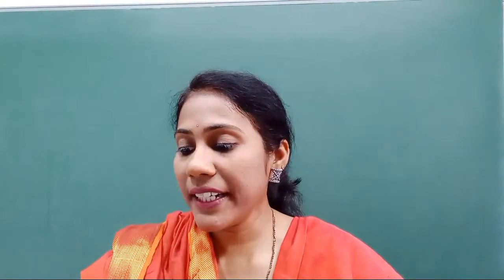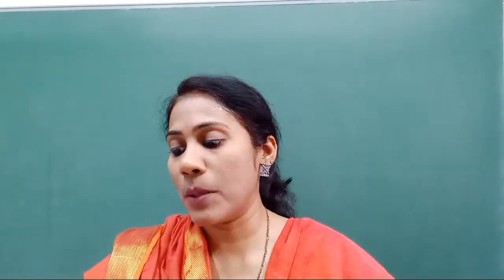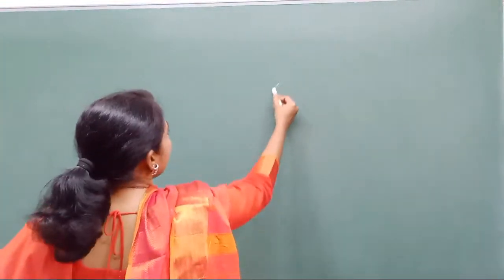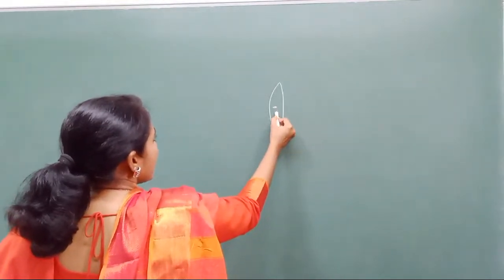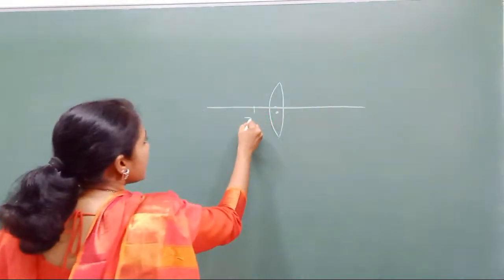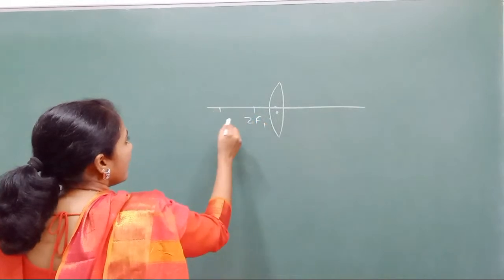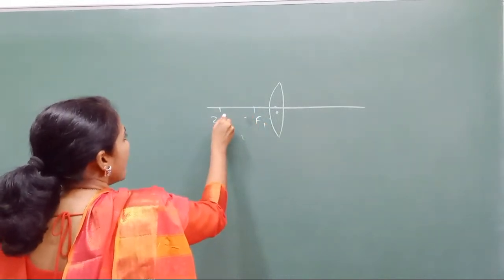Draw the ray diagram to show the image formation by a convex lens where the object is kept at 2f1. It is such an easy ray diagram they have asked, right? So this is the optic center. This is 2f1, f1 and 2f1.